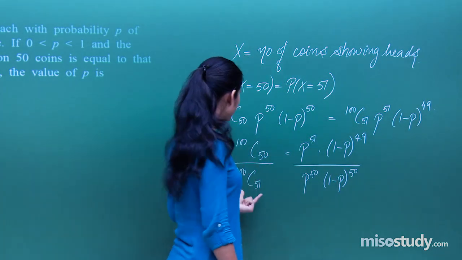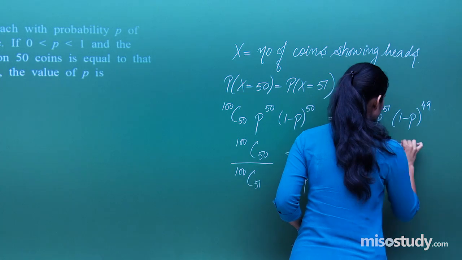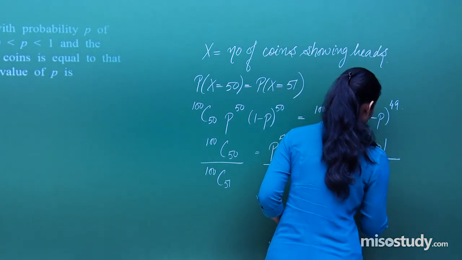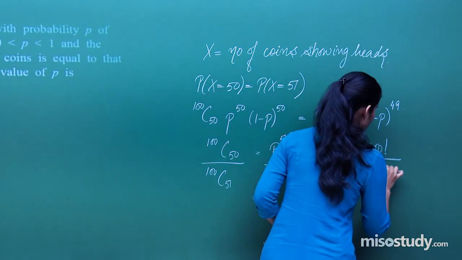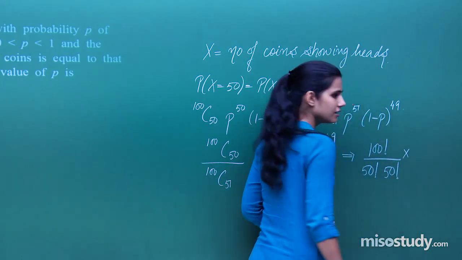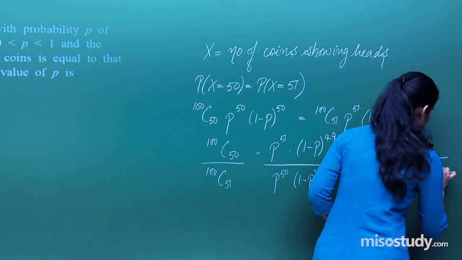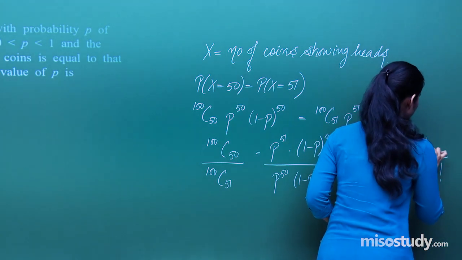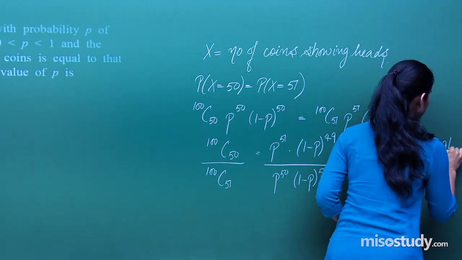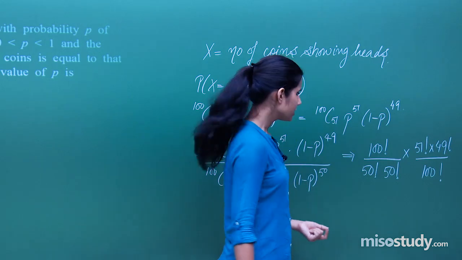So, you basically get from here, this is 100 factorial upon 50 factorial into 50 factorial, right? And what is this? 100 factorial upon 51 factorial into 49 factorial, right?